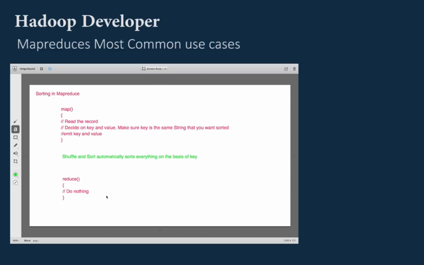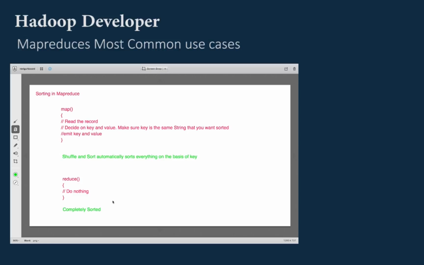And in the reduce, it's just a do nothing reducer, and your output is completely sorted. This is how you perform sorting in Mapreduce.